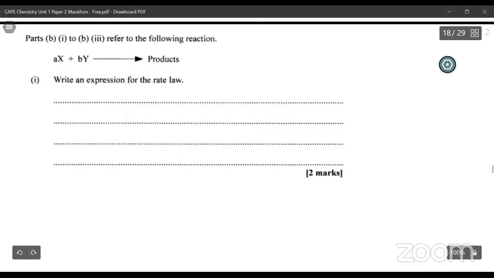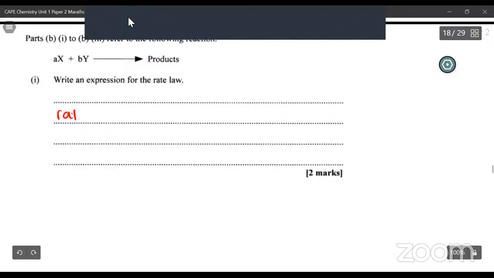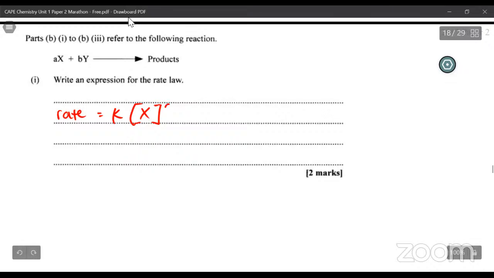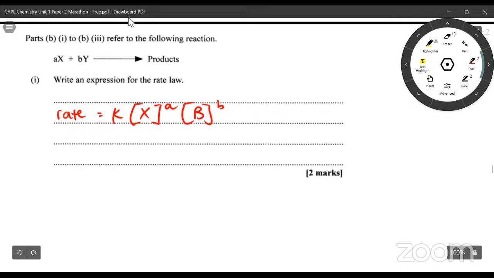In this case, you can say the rate is equal to K, concentration of X raised to some arbitrary power, times the concentration of Y to some arbitrary power. Sorry, not B, but Y, because Y would be the reactant. That would be okay, I guess.